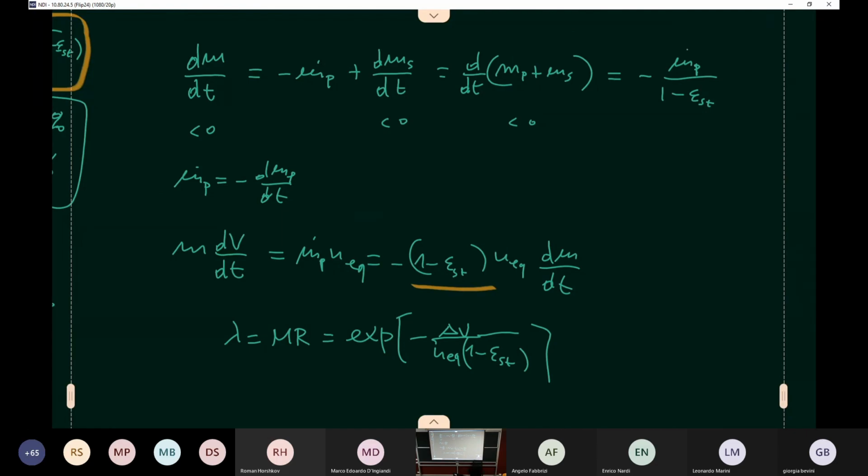This is not always the case, because we should consider that this is true if most of the rocket is made of propellant. So in these cases, it's reasonable to think that most of the rocket is made of propellant, the structures, and so the inert mass available would be proportional to the propellant mass fraction.